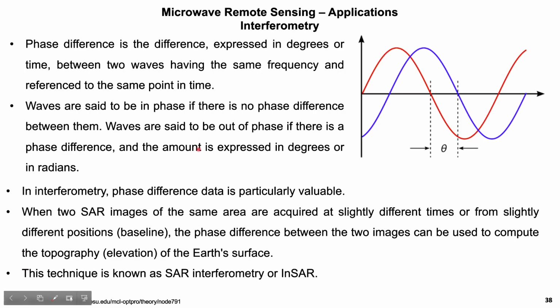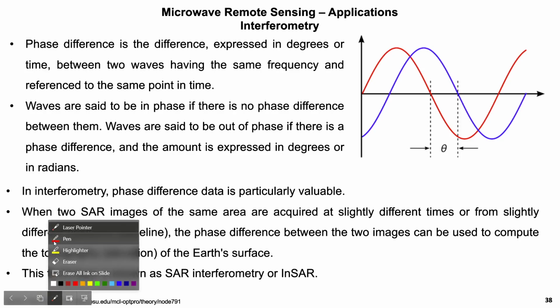Now I will explain one of the interesting applications, which is interferometry. In interferometry, the prime phenomenon is the concept of a phase difference. This red line is the first time the satellite has passed. It has captured one image, and let's say it is taking one single pixel.